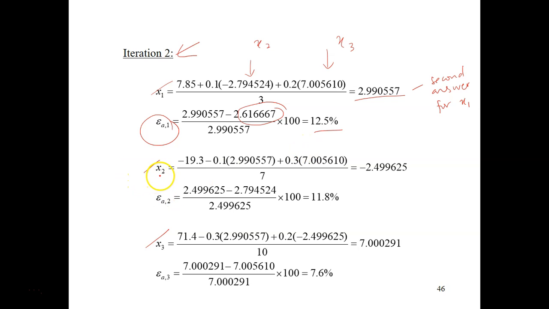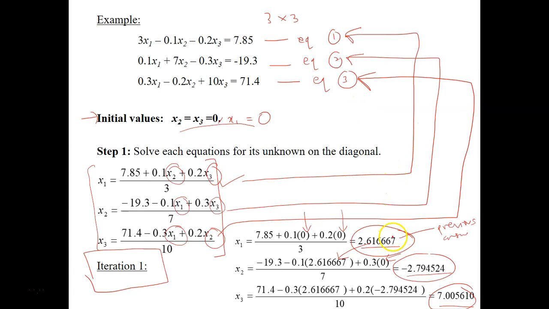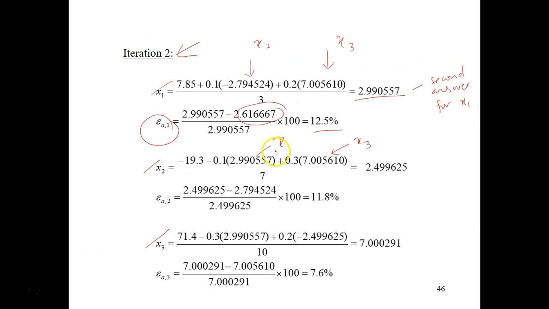Alright, now to calculate your x2, this is from x1 and this is x3. So x1 here, please do not use this or this value, 0 or that. You have to use the one that you have just calculated, which is from here.